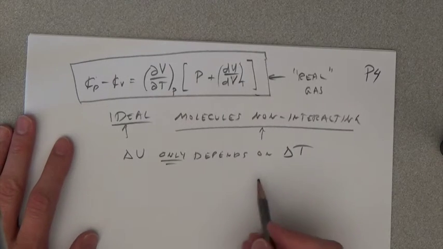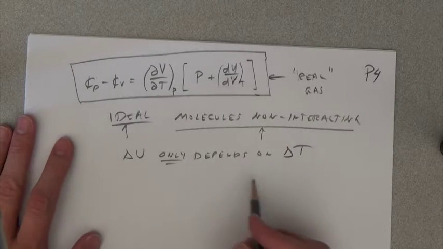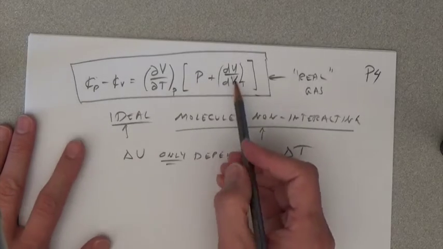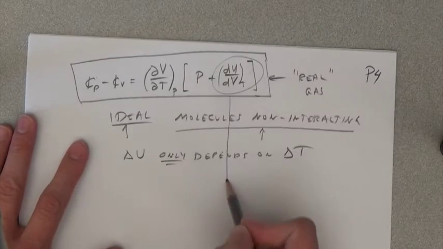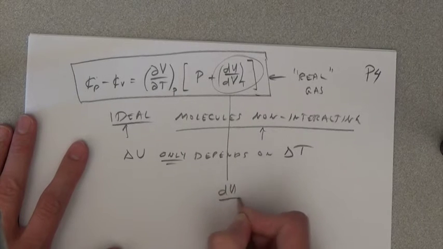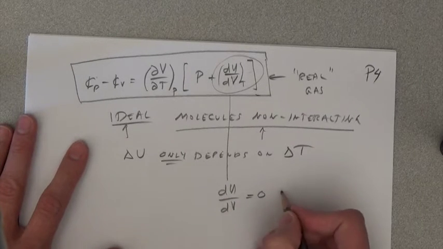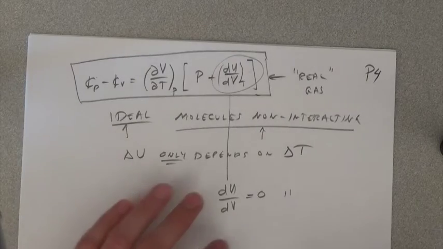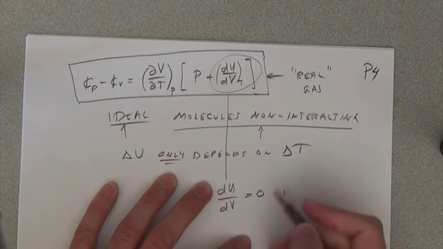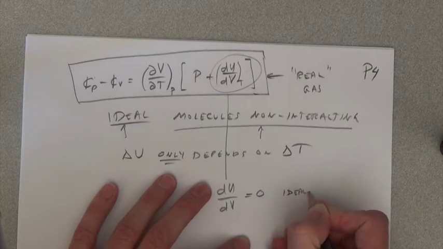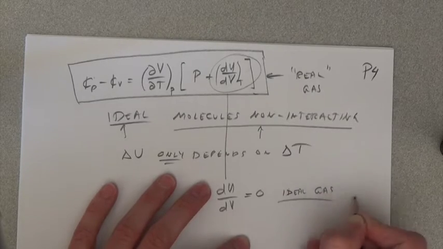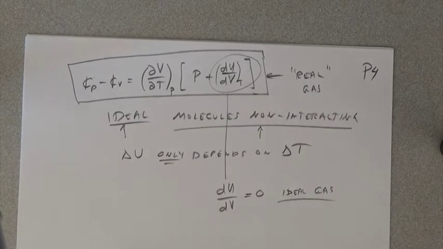What that means for this expression is that the term dU/dV is equal to 0 for an ideal gas. And this has been shown to be true experimentally.